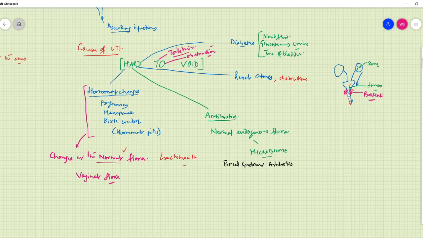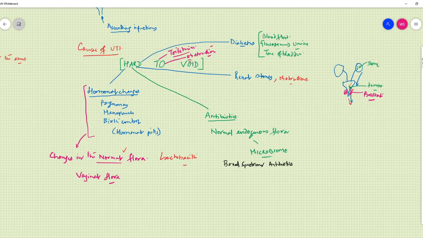So it kind of tries to expand inwards. As a result, it will squeeze the urethra, and that can again cause obstruction to the flow of urine. So the volume of fluid that is voided will reduce, and it can again make the person susceptible to infection.